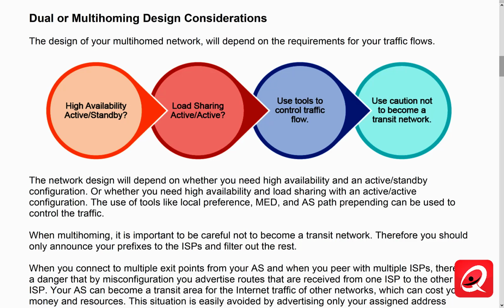So HSRP doesn't really do load balancing, but you can create a load sharing scenario by creating multiple HSRP groups and having different gateways for different clients in the enterprise and so on.